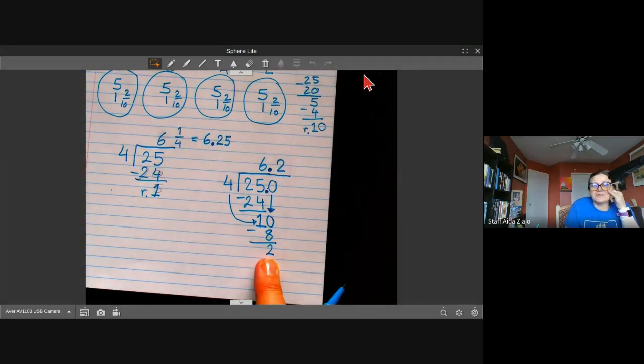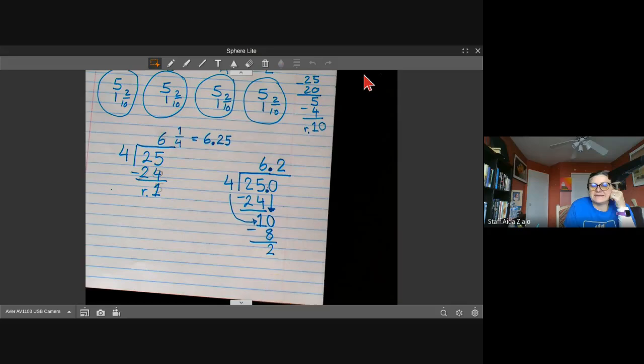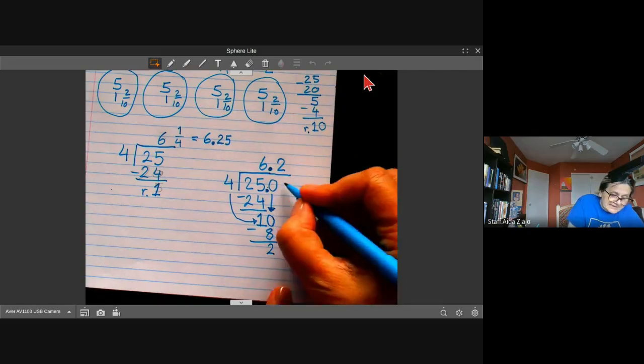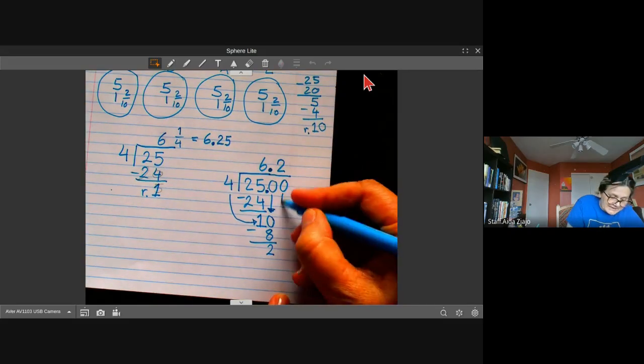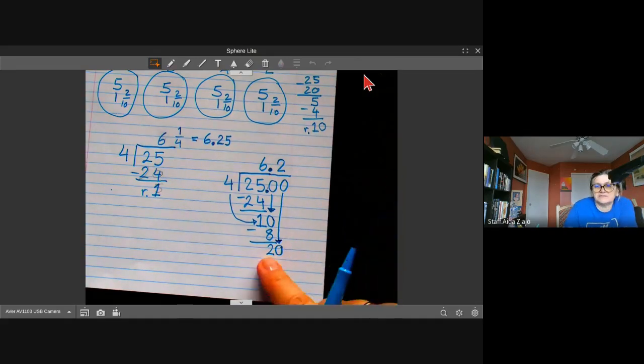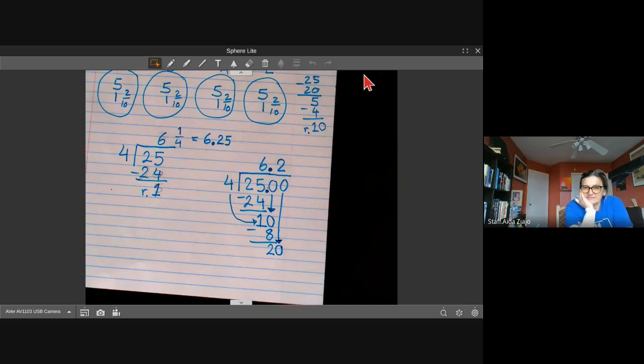I'm going to try to keep dividing my remainders until there is nothing left, no more numbers on the bottom that are bigger than 0, or until I have a repeated number that will go on forever. So I'm going to add another 0. What is happening now? I have 2 tenths left. But now 2 tenths, you can think about as 2 dimes.